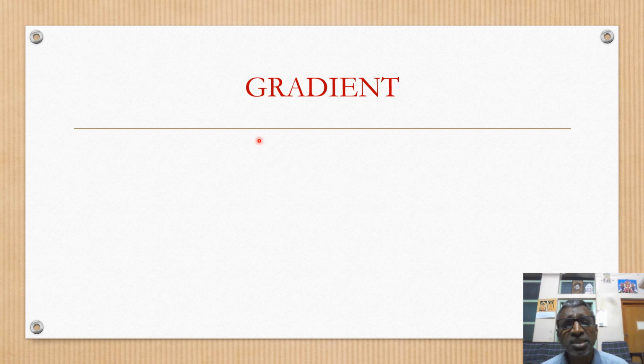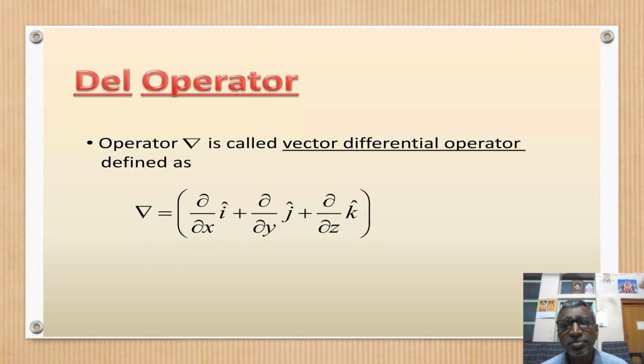So now we discuss the gradient of a scalar point function. First, we discuss the del operator.